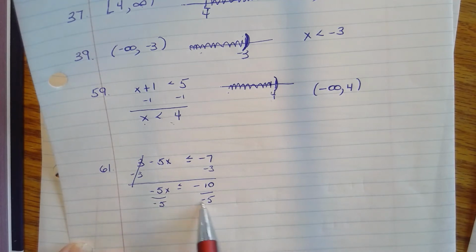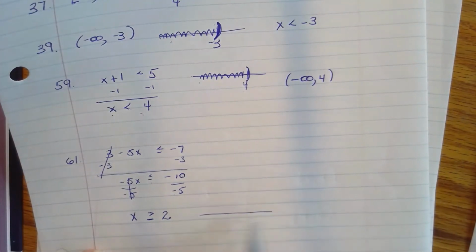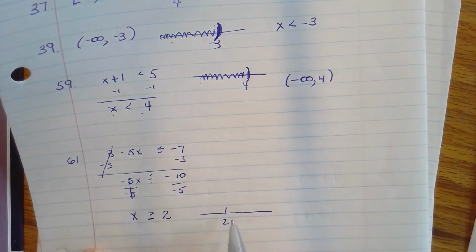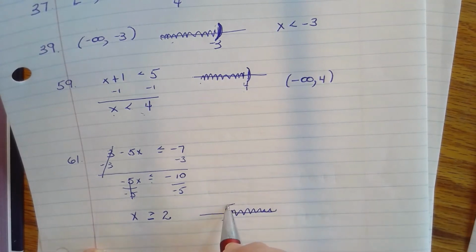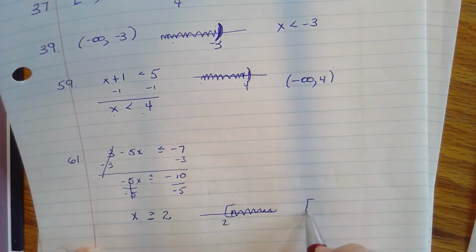When you multiply or divide by a negative number, you switch the direction of the inequality sign. So instead of less than or equal to, it's going to be greater than or equal to. You reverse the direction, and negative 10 divided by negative 5 is a positive 2. So I'm talking about greater than or equal to 2, so that's from 2 to the right with a bracket because it had the equal to. So in interval, it's going to be bracket 2 to infinity, and infinity always has a parenthesis.